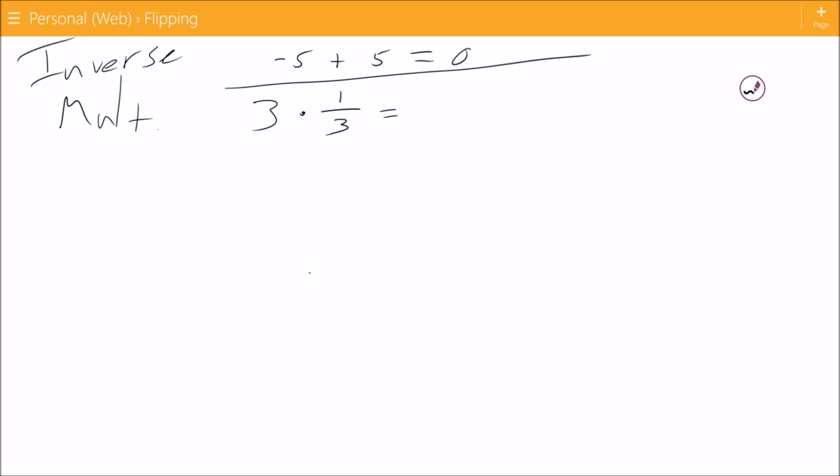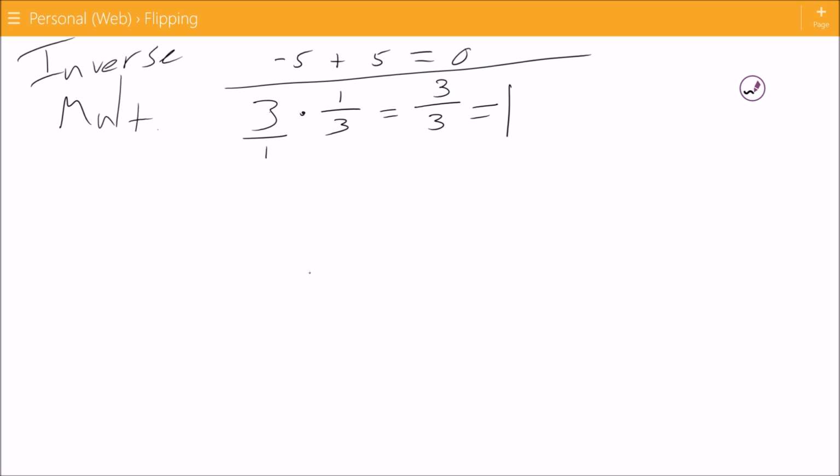If I'm multiplying fractions, 3 is the same thing as 3 over 1. I would multiply straight across. 3 times 1 gives me 3 in the numerator. 1 times 3 gives me 3 in the denominator. 3 divided by 3, anything divided by itself, is just 1.